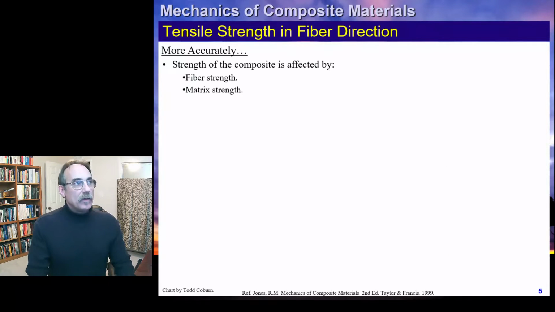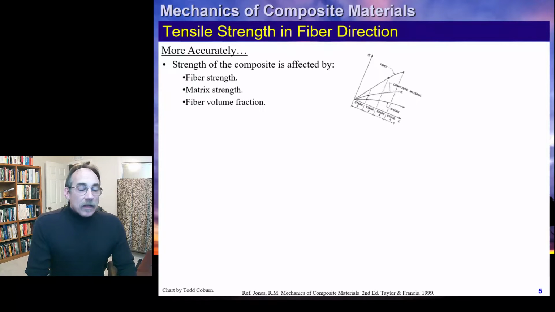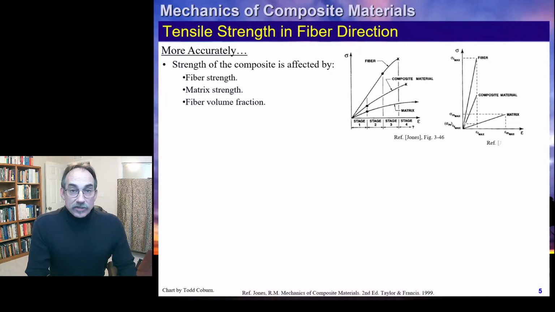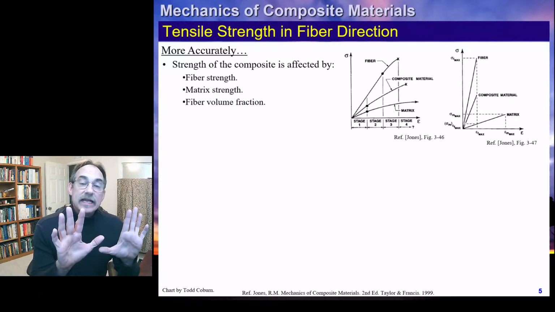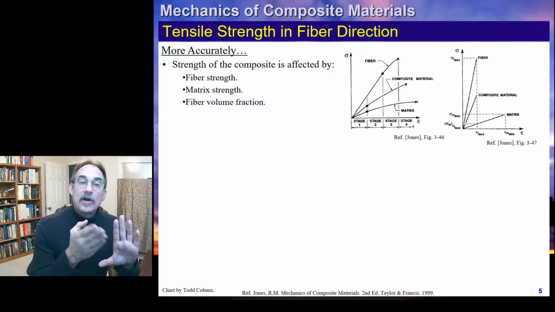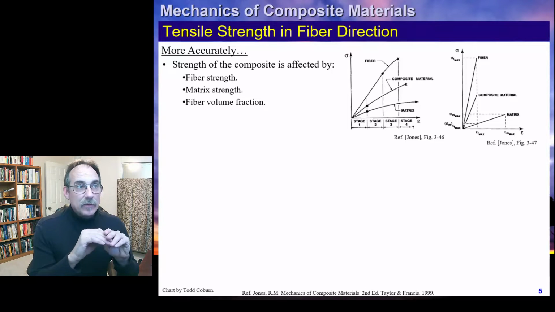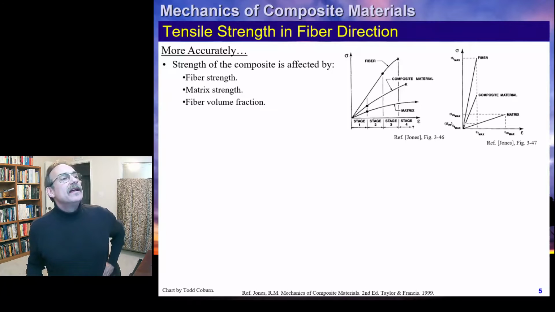So let's take a look here. Here's our curves again, and I'm going to rely on both of Jones's curves here. We can see the actual stages on the one side, and then we can see the linear behavior of the three on the other, like we saw before, where the notable points are the max fiber strength or stress, sigma F max, that corresponding maximum strain, epsilon F max.